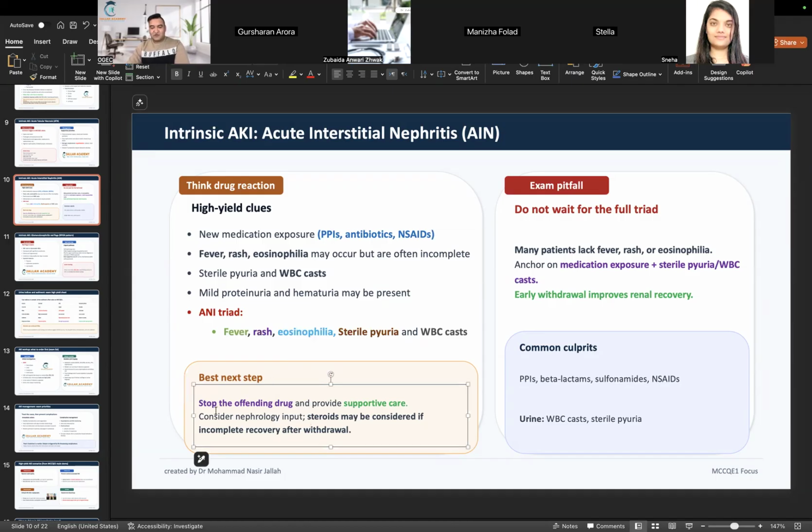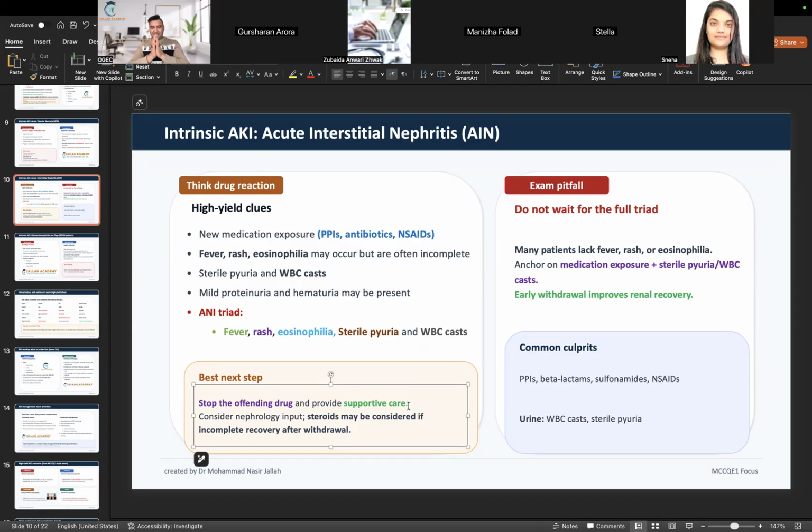Best next step. So obviously, what caused it? This new medication, right? Stop it. We stop the medication and the treatment is supportive. These two things I have to mention. If you have them both in the options, let's say option A is supportive treatment, option B is stop the offending drugs.